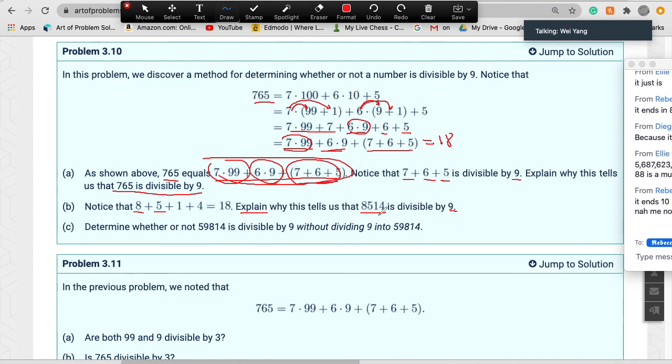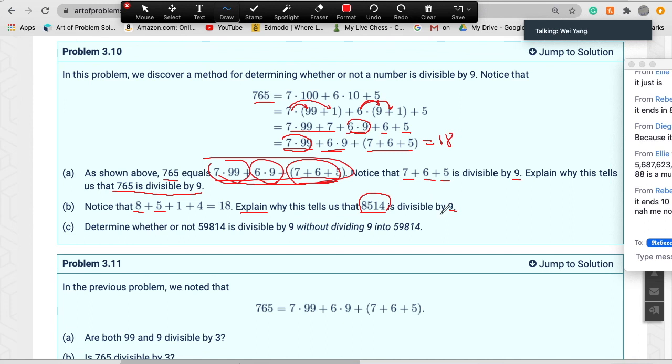Can everybody explain why this number is divisible by 9? Because when you add it all up, 8 plus 5 is 13, 13 plus 1 is 14, 14 plus 4 is 18, and then 18 is divisible by 9, so that means it's divisible by 9.